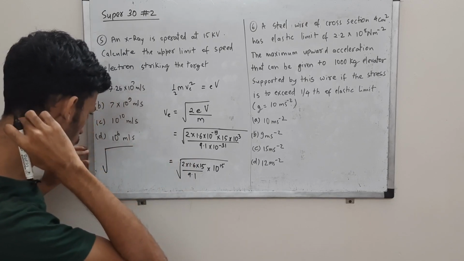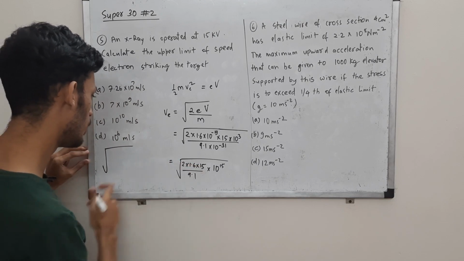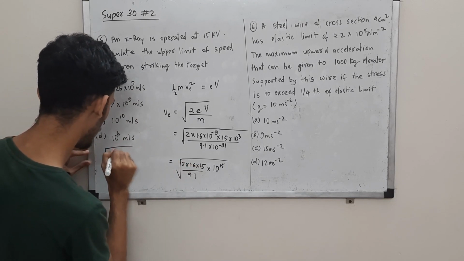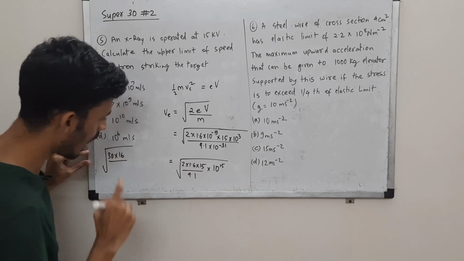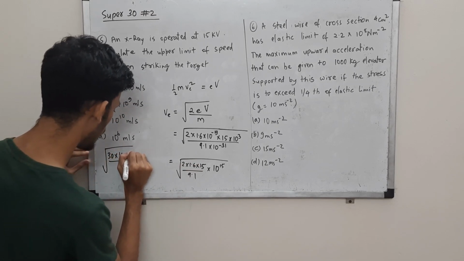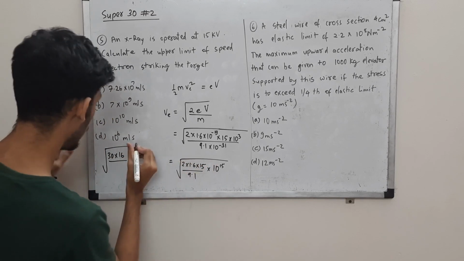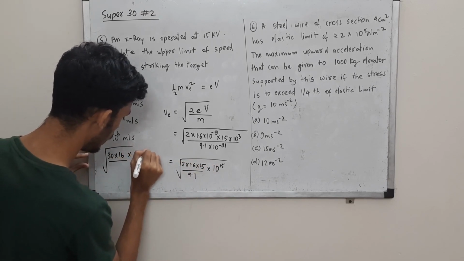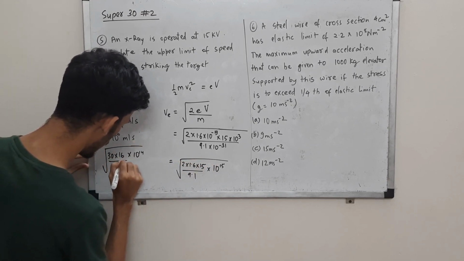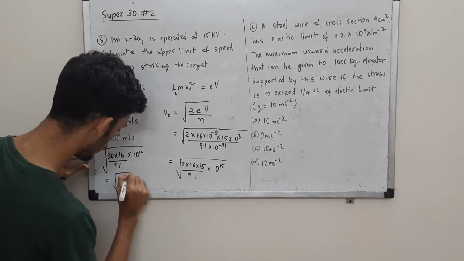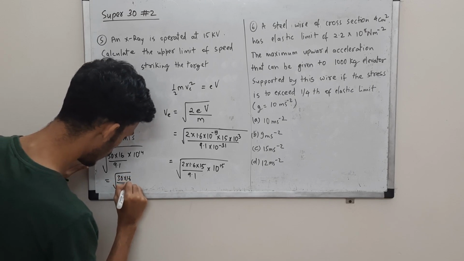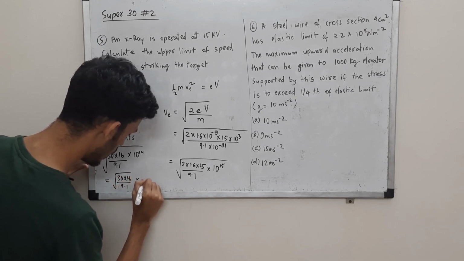So what we'll do, we'll say 2 into 15 is 30, right? And 1.6 we can shift the decimal, say it is 16, so we have used 1 power of 10 in doing that, and here we'll have 9.1. So 30 into 16 divided by 9.1. And that is 10 to the power 7.